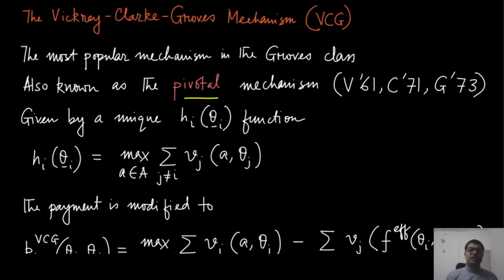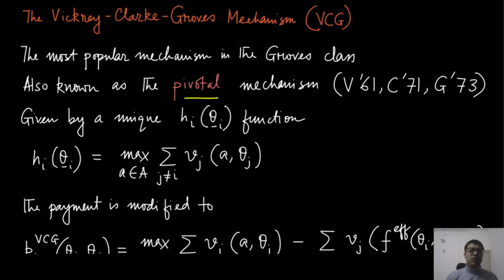So what is it? Now that we know the Groves class of payments, it's easier to explain it in terms of this h_i(θ_-i), the function that we have defined to define the payment function for the Groves class. So this pivotal mechanism, or the VCG mechanism, picks this h_i(θ_-i) in a unique way.